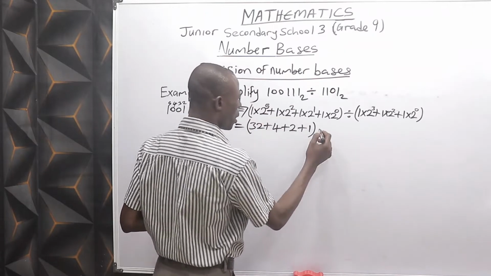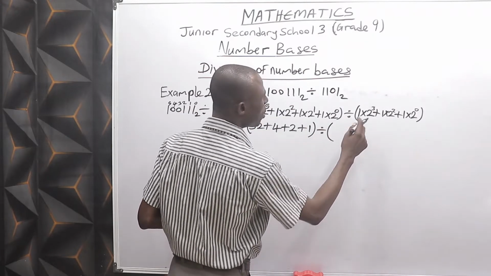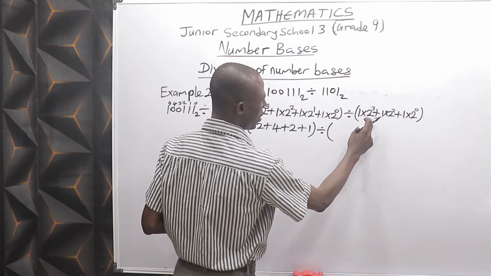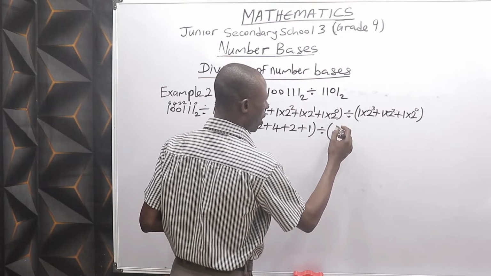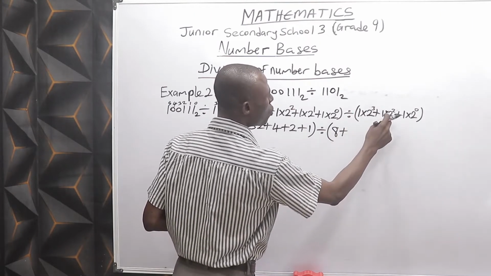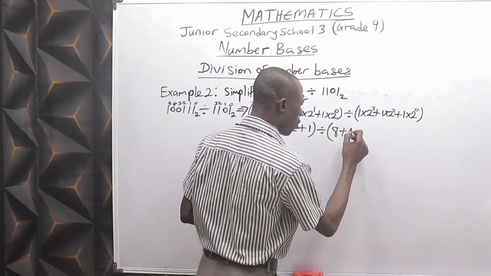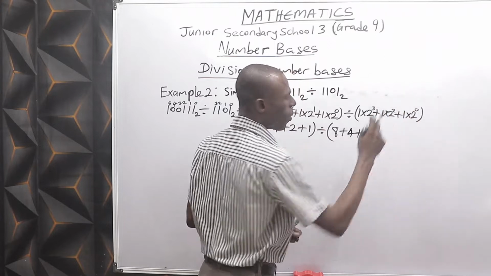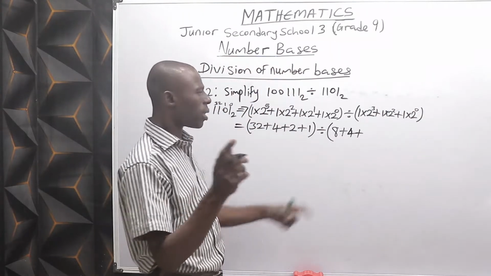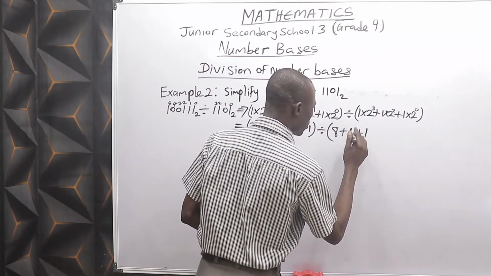I bracket it still, divide it by 2 raised to power 3, that's 8, times 1, 8, plus 2 raised to power 2 is 4. 4 times 1 is 4, plus 2 raised to power 0 is 1. 1 times 1 is 1.